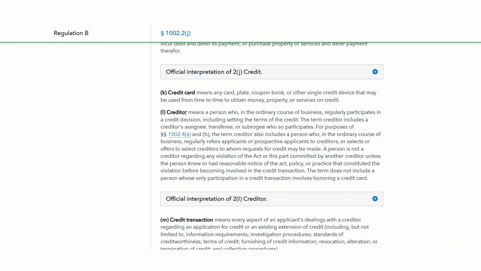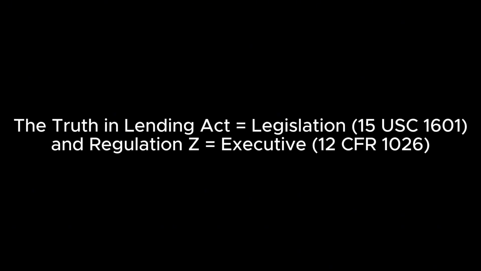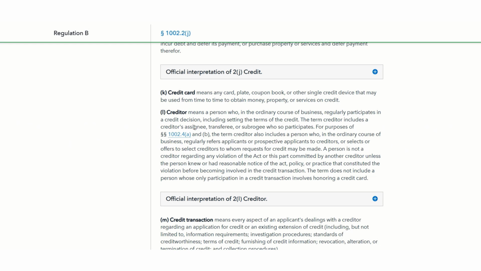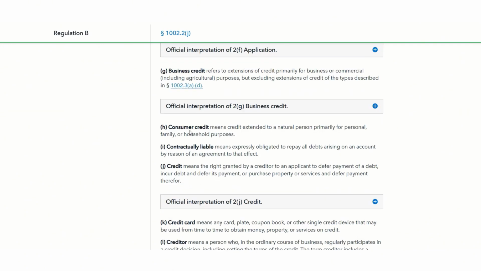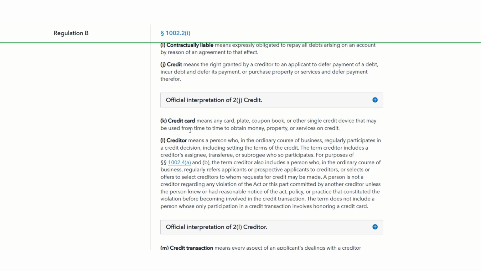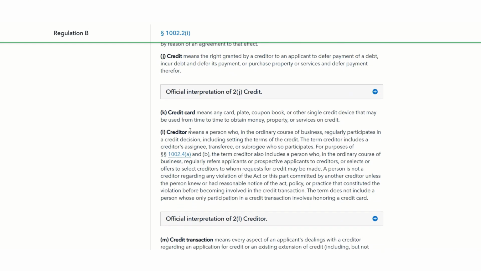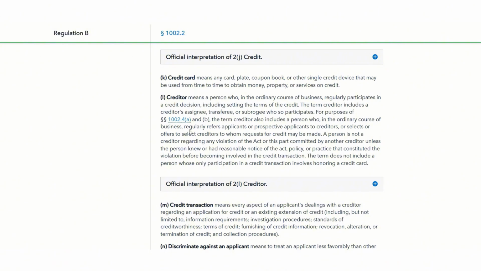You got to go after them under Regulation Z, as a creditor. So Regulation Z is for creditors, all right? And the Fair Debt Collection Practices Act is for debt collectors, which creditors are not considered, despite them collecting the debt.